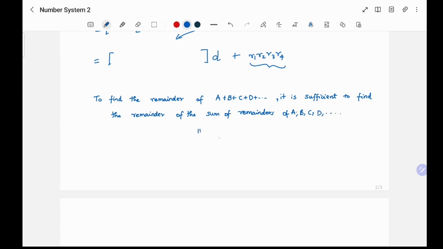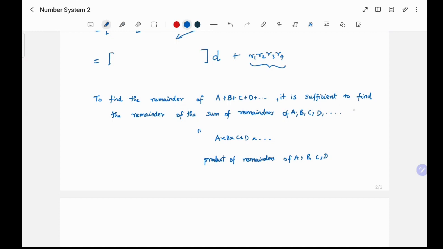Similarly, this is the same case for A into B into C into D and so on. It is just necessary to find the remainder of the product of remainders of A, B, C, D.